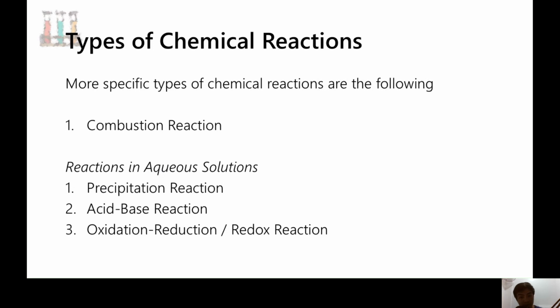They become free ions. Depending on the type of ions you can have three types of reactions in aqueous solution. Your ions can form insoluble products; we call that the precipitation reaction. They can also neutralize, especially if we have hydronium ion and hydroxide ion; that is an acid-base reaction. And the last one we left is the oxidation-reduction reaction or the redox reaction.